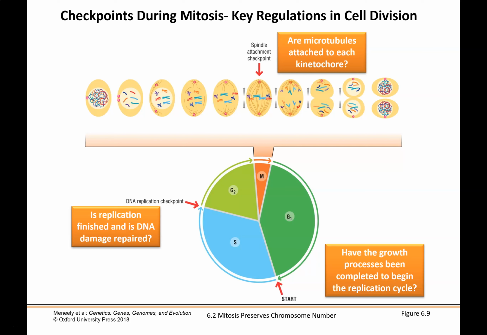So anyway, there are several checkpoints in the life of a cell that directly affect mitosis. All of these transitions between the different phases within interphase and then leading up to mitosis are regulated by special processes that evaluate whether or not the cell is ready to move on.